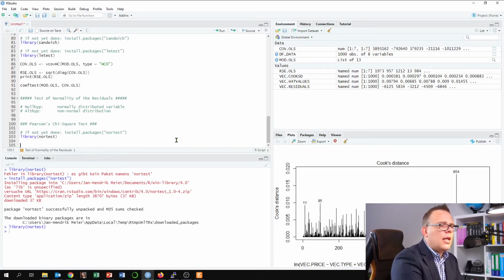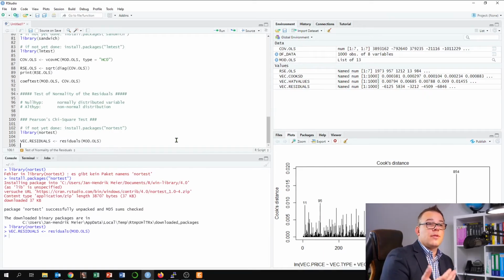But first of all, I would like to have a vector of residuals. Oh, I already have that. I have that vector. Nevertheless, I rewrite that: residuals of our model OLS.